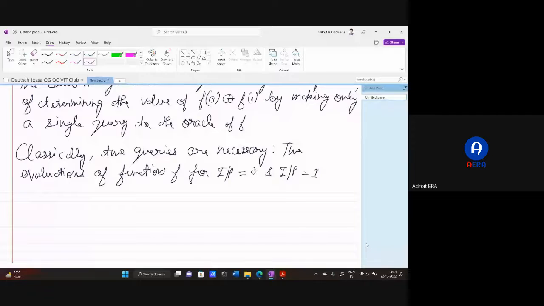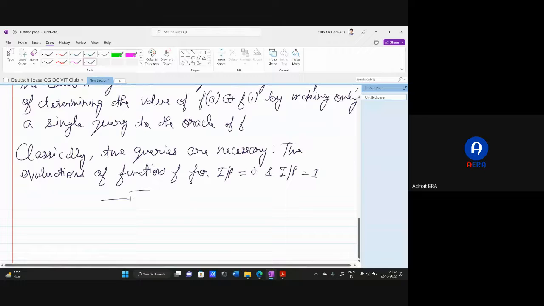So therefore, in a black box fashion, we can draw this diagram. Let's say some input is given. It can be any input, and then we get, this is the notation for this output, y XOR f of x.